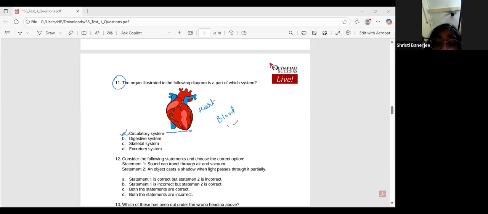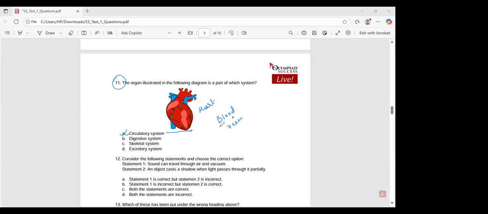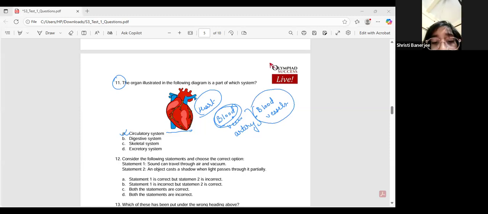Veins, and blood cells, which come under the blood. Along with veins you have another blood vessel known as artery, and together they are known as the blood vessels. So your circulatory system comprises an organ, the fluid, and the pathway. Is it clear? Yes.